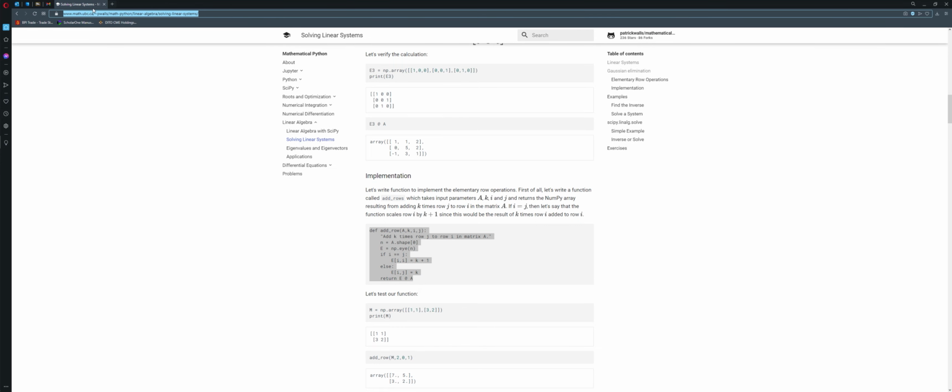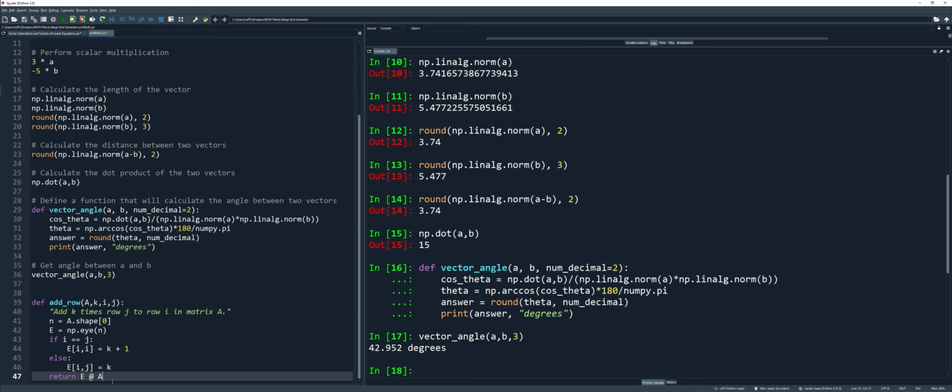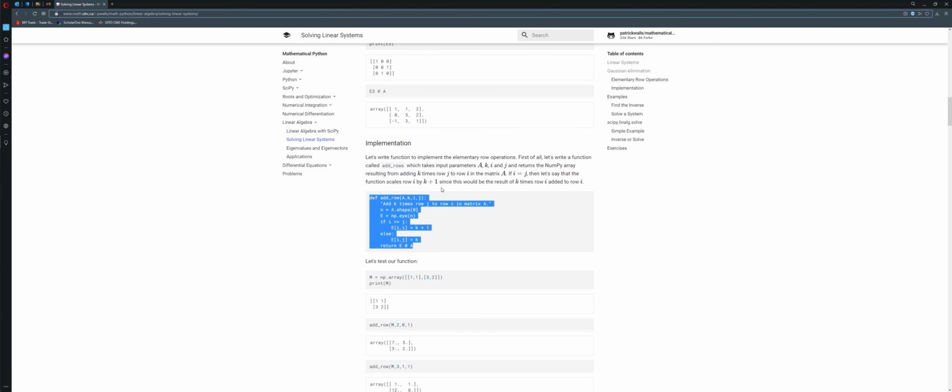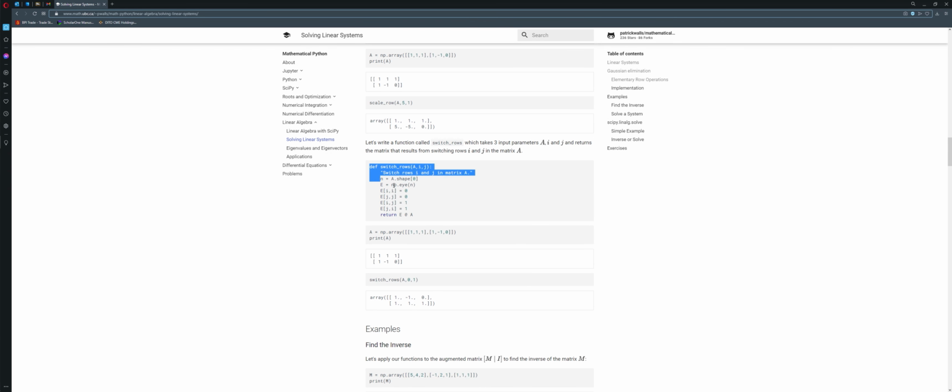And you can access that one here in this website. So credits to the author. So we have here the first function, that is the add row, and I will explain that one later as soon as I copy all the codes. The other one is scale row, and the last one is the switch row.